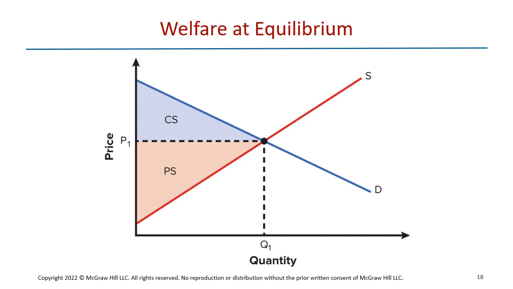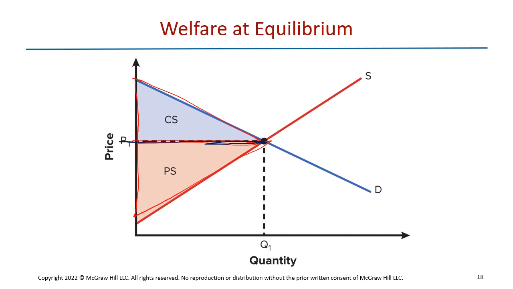So here we can see what that looks like. You have consumer surplus up here, and you have producer surplus down here. A good rule of thumb is you draw, I'm going to change colors for you, a line from your equilibrium to your price point. Everything under that line is producer surplus, and everything above that line is consumer surplus.